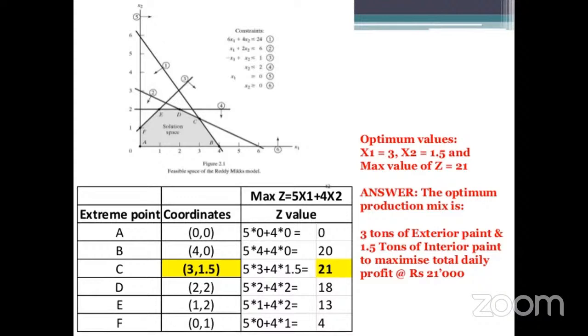Anyone having any small doubt can raise it and clarify. Any doubt?